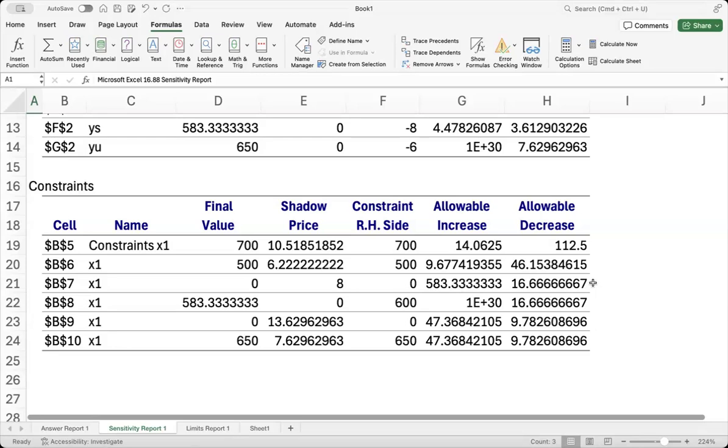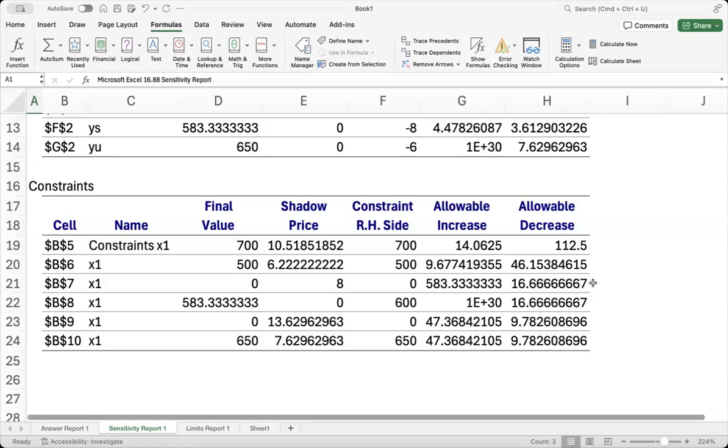So if you want to improve your company, you should increase the number of skilled labor. Is this one skilled or unskilled labor? Skilled labor. YS and YU, which one comes first? I cannot remember. Yeah, okay.